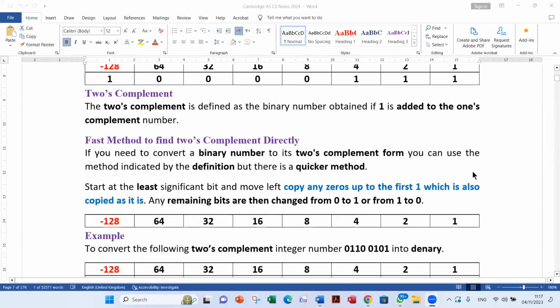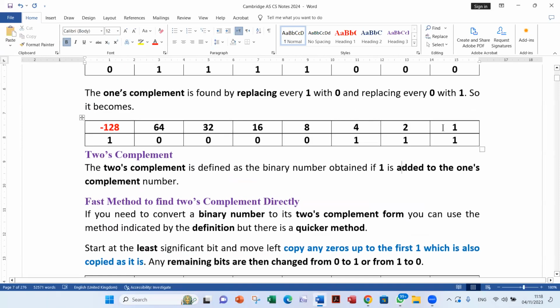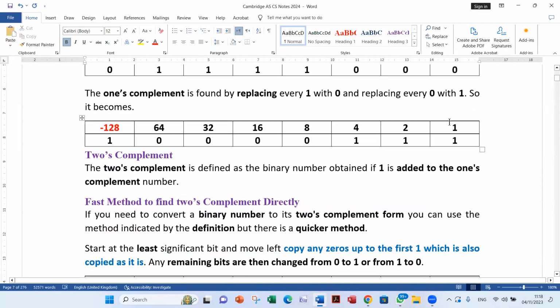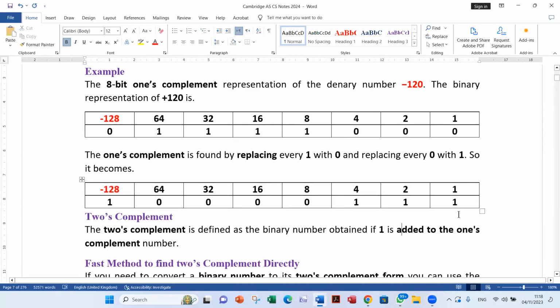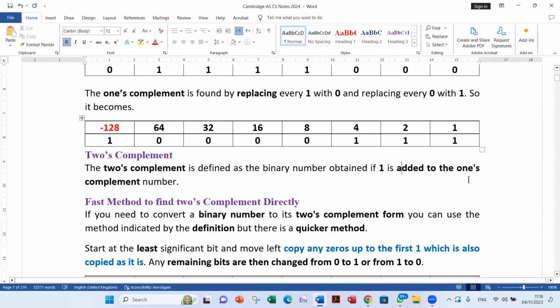Then we come to the 2's complement. This is the most widely used method to represent positive and negative numbers. The 2's complement is defined as the binary number obtained if 1 is added to the 1's complement. You can find the 1's complement and then add 1 to it, and this becomes the 2's complement.